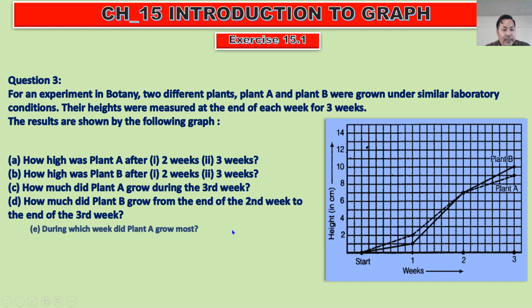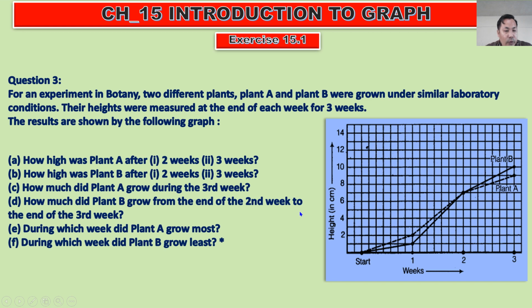So let us see. The next question is, during which week did plant A grow most? Yes, there will be a certain week that shows a sudden growth of the plant, that we have to find out. F, during which week did plant B grow least?